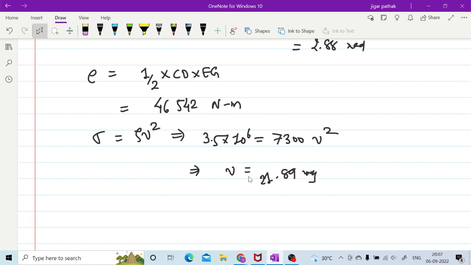So once you have calculated this V, then V can be helpful in finding the diameter, because V is equal to pi D N by 60. N is 130 rpm, right? So can you calculate and tell me the diameter? It is in meter per second.